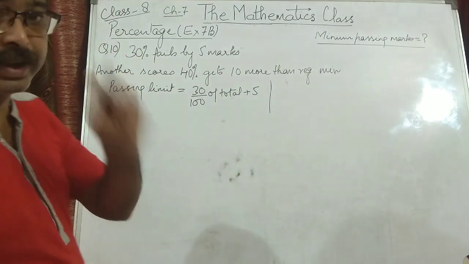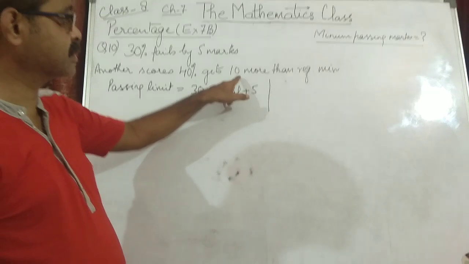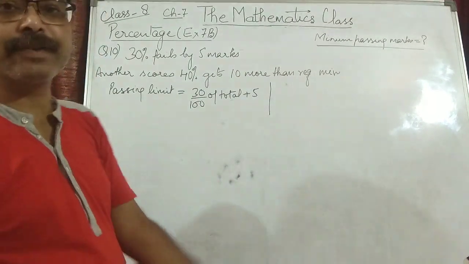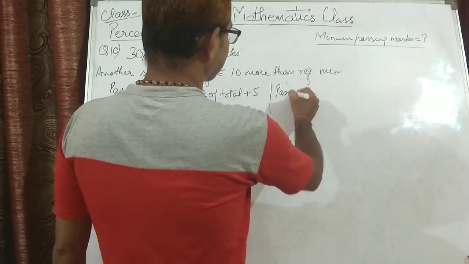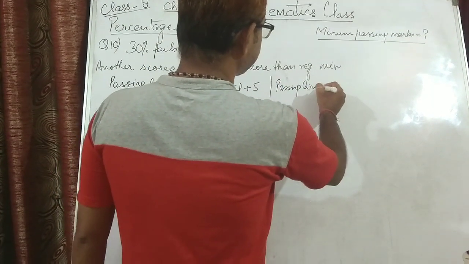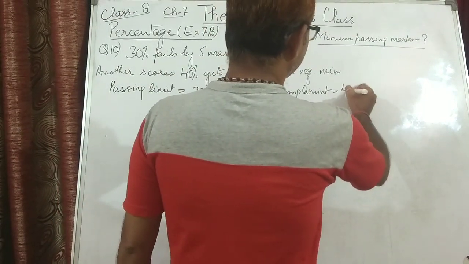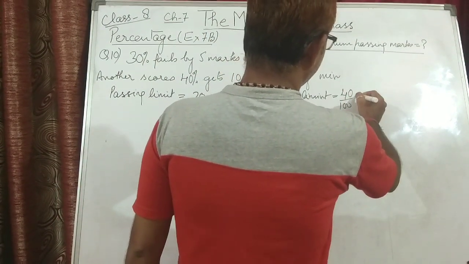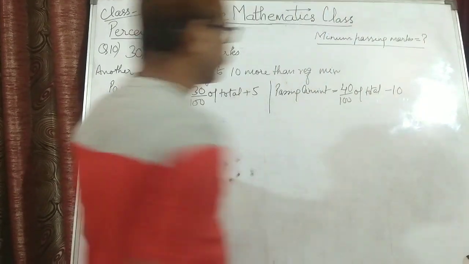Or in another way we can say this. In the case of the second candidate, he is getting 40%, but he is getting 10 marks more than the required passing. So you can also say that the minimum passing marks is 40% of total minus 10.